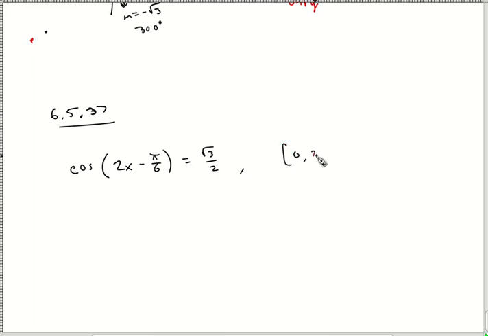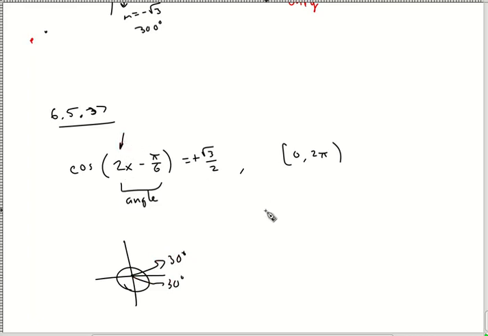So 0 to 2 pi. Again, so that's nice. Notice that this is, again, a positive, and I got something really weird here. I mean, this is an angle, okay? I don't know how to make that happen yet, but hey, you know what? That's not my focus yet. I need to work on this guy. So positive square root 3 over 2 is over here at the 30 and the 330. How many revolutions do you have to go? Probably 2 of them.